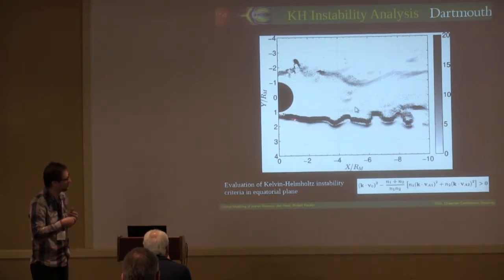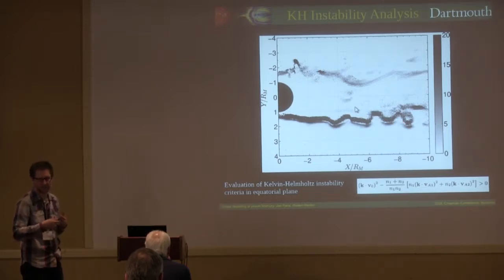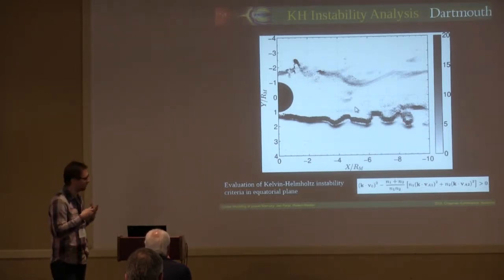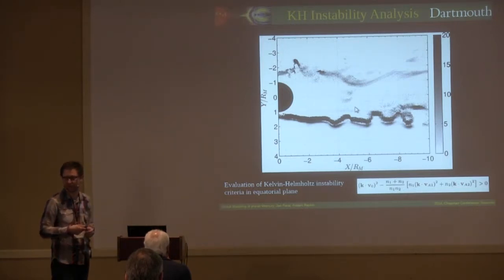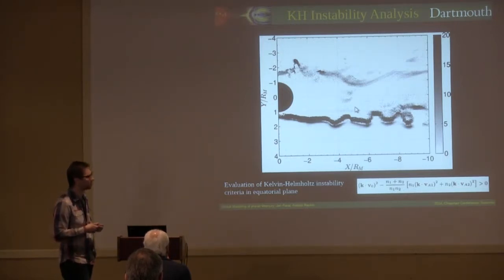If there is some wave, some perturbation which starts to grow as a Kelvin-Helmholtz instability, as it convects down the tail, this criterion, or this plasma regime, allows it to grow and turn into vortices, which you should then observe at the spacecraft.